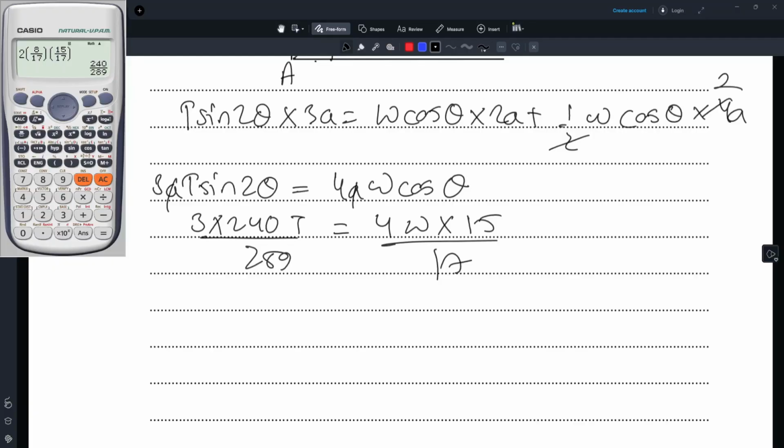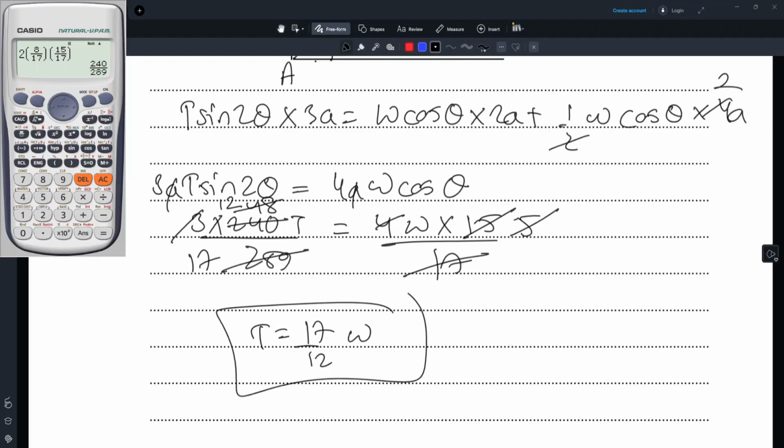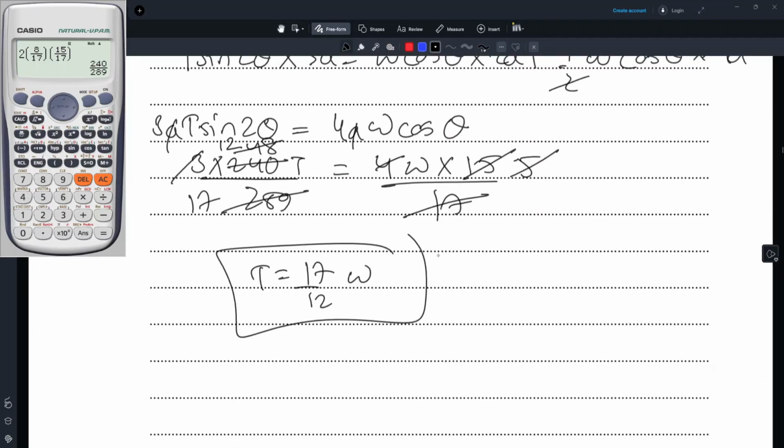Now I can cancel things out. This is 17, this and that is 5. This is going to be 48, and this is going to be 12. So T equals, taking 17 to this side and 12 to that, 17 by 12 W. This is my answer.